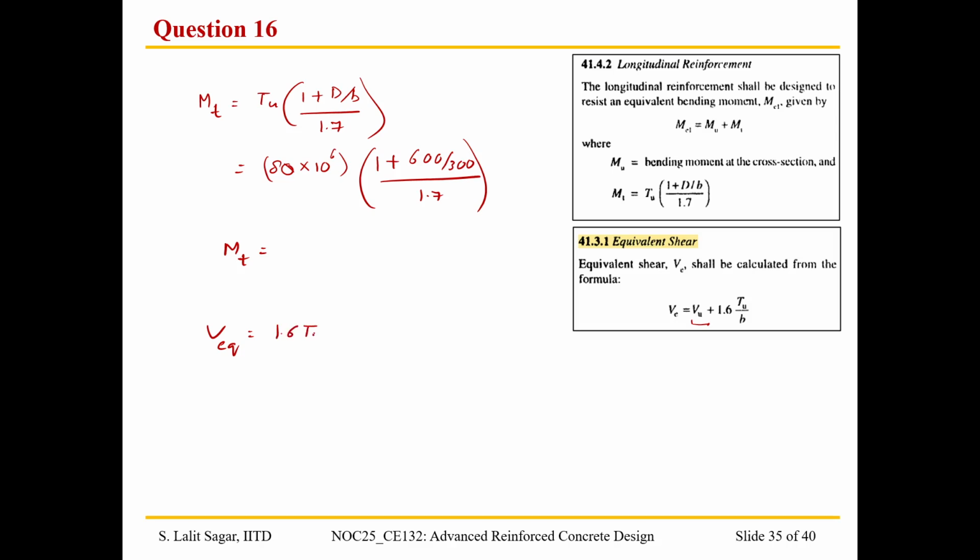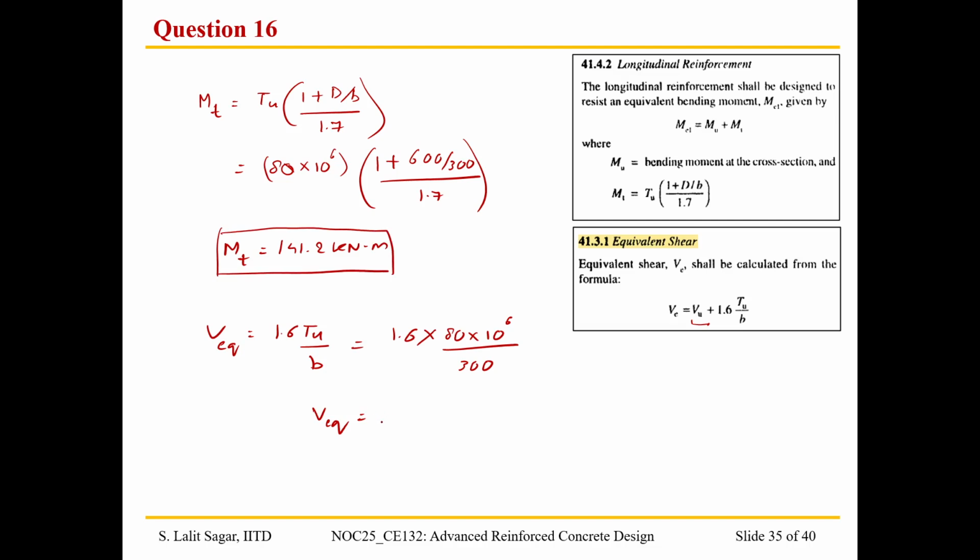That is 1.6 into TU by B. Please tell me what value we get when we simplify this equation. MT is 141.76, yes, and VE is 426.66.